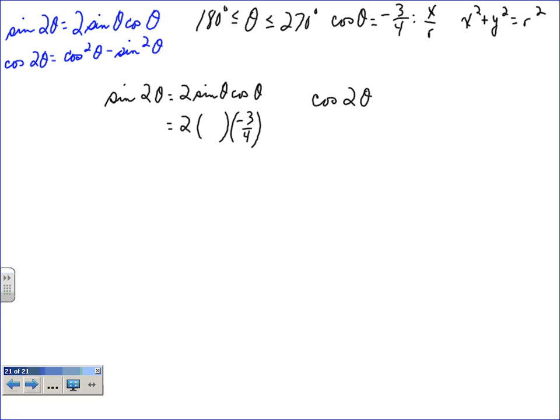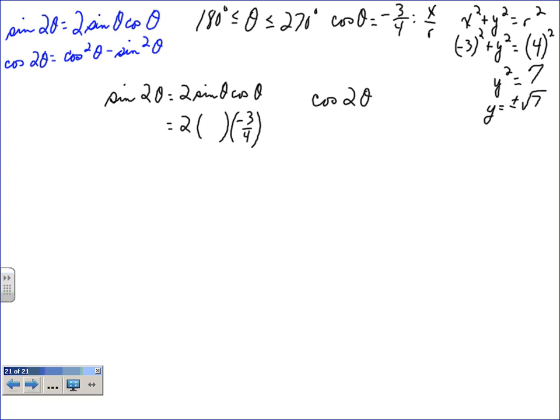I'm given x. I know it's a lot to remember. I understand that. 4 squared is 16, 3 squared is 9, 16 minus 9 is 7. Y equals plus or minus the square root of 7.